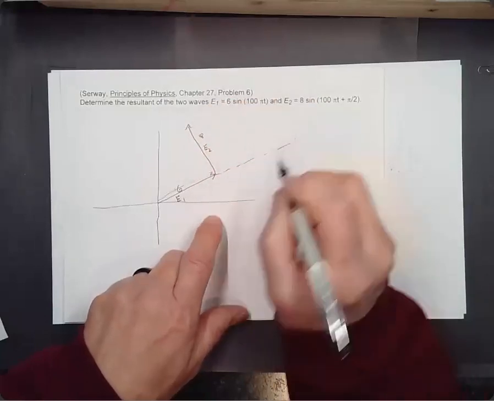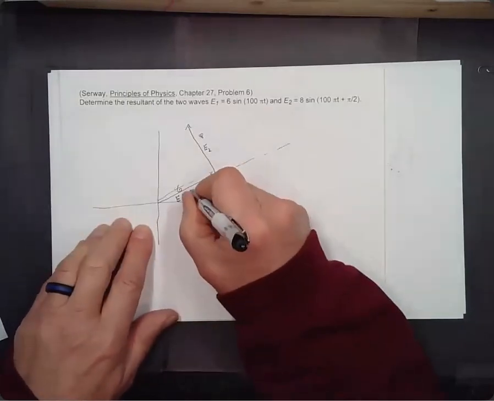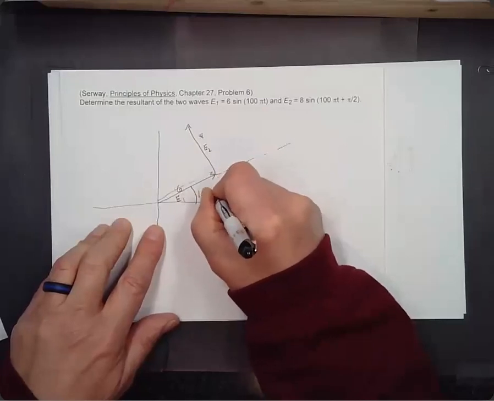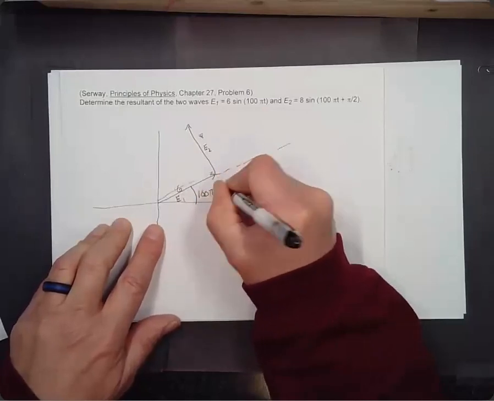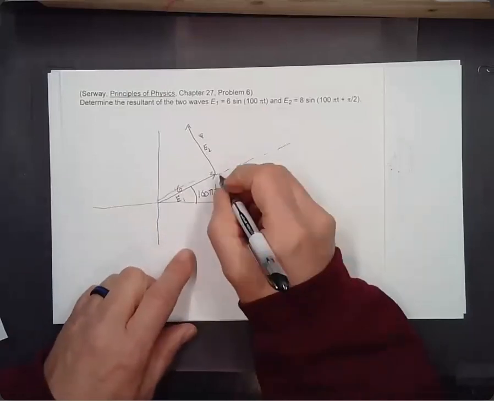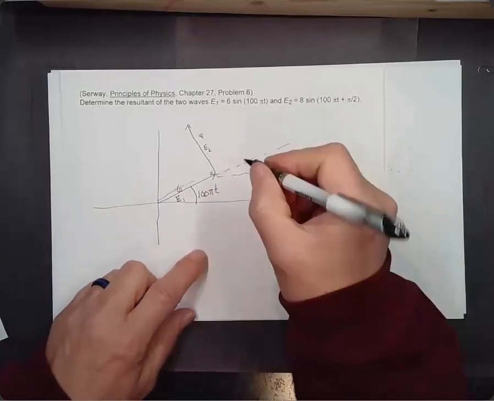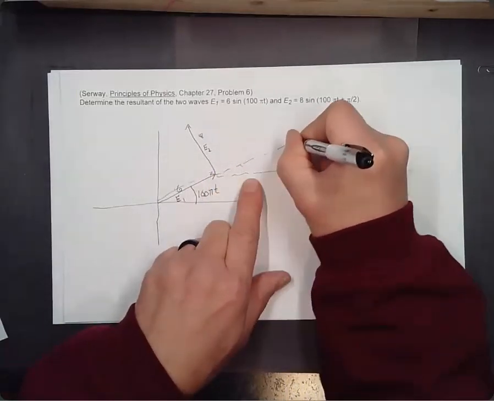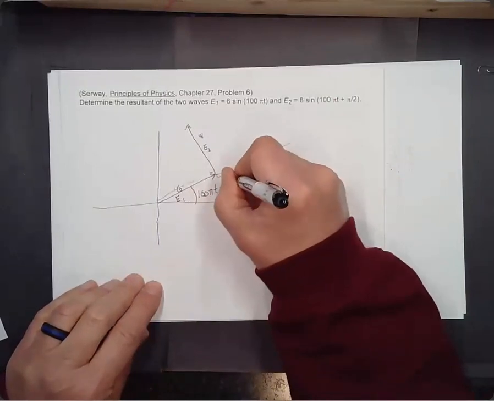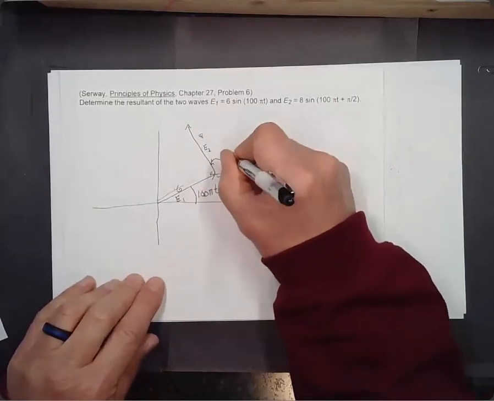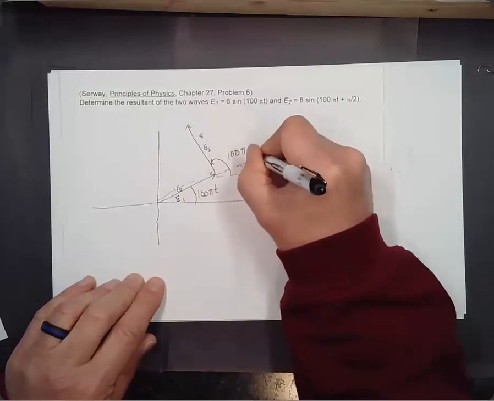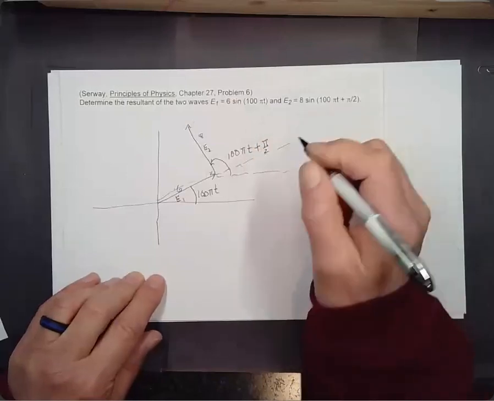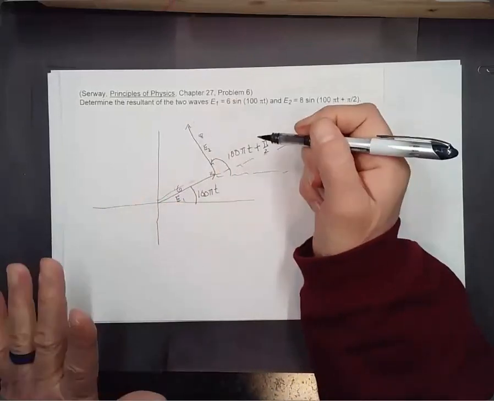And on this thing, I'm going to label this angle here as 100 pi times t. And then this angle is also 100 pi times t because it's just a continuation. But this angle here is going to be 100 pi times t plus pi over 2. Pi over 2 is a 90-degree angle. So that's what I happen to have here.